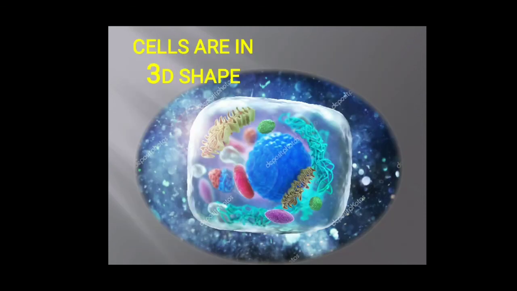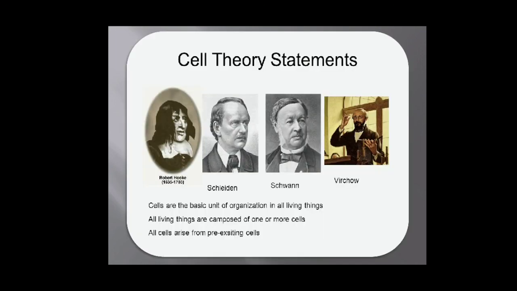That was all about cell organelles and their functions, and you have also learned that cells when observed under a microscope appear in 3D shape. The very important concept explained by different scientists was cell theory. The first cell was discovered by Robert Hooke, and then Schleiden and Schwann gave the statement in the cell theory that all living organisms are made up of one or more cells.